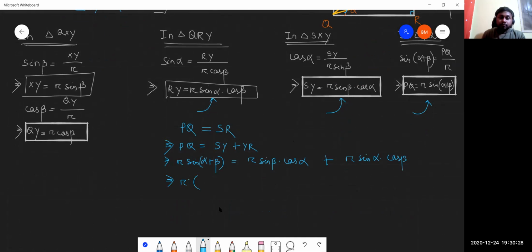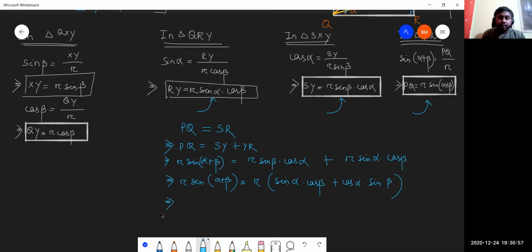What we will do here is, on the right hand side, take r common from both the terms. On the left hand side, it will be as it is, r sine alpha plus beta. And on the right hand side, it will be r times sine alpha times cos beta plus cos alpha times sine beta.